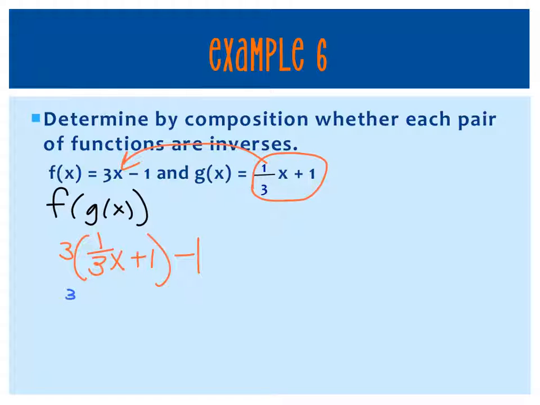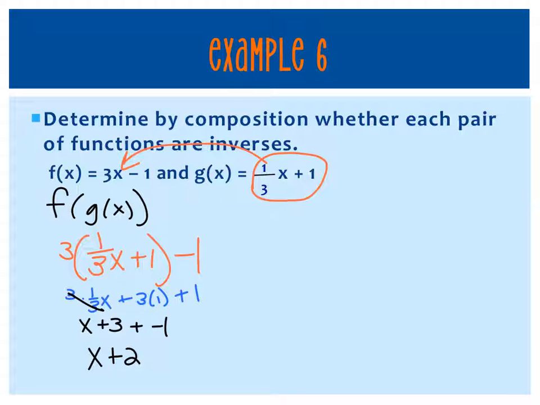Distribute the 3. So 3 times 1/3 x plus 3 times 1, minus 1. What's 3 times 1/3? 1. These cancel. I just get x plus 3 minus 1. And I get x plus 2.